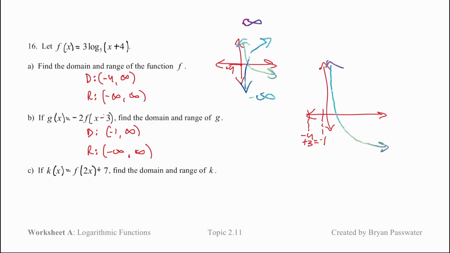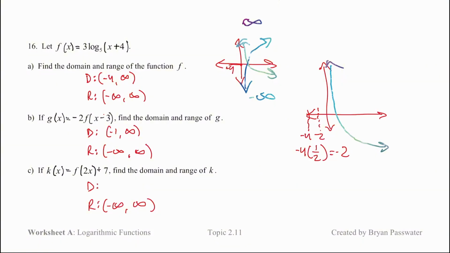And because we know we weren't moving left or right anymore, we only moved left 4. I'm going to erase this right here. We know we're still at -4, but we have to do a horizontal dilation. So -4 times 1/2. That gives us -2. So now it's at -2. There's no other point we need to do a dilation because we know the range is all real numbers.